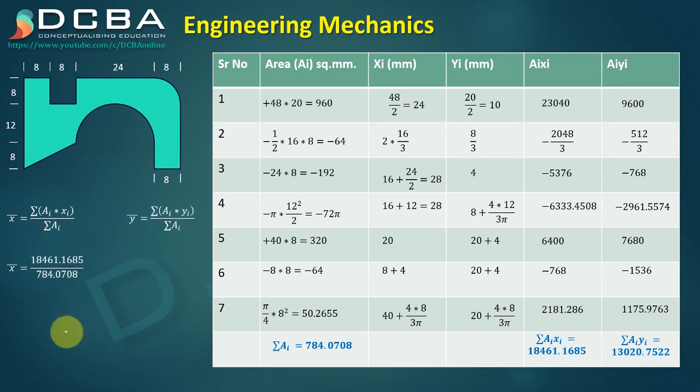So x bar is summation AiXi upon summation Ai, which is 23.5453 mm, and y bar is summation AiYi upon summation Ai, which is 16.6066 mm. Let us try to plot it on the shape. So it's 23 in the x direction, right?